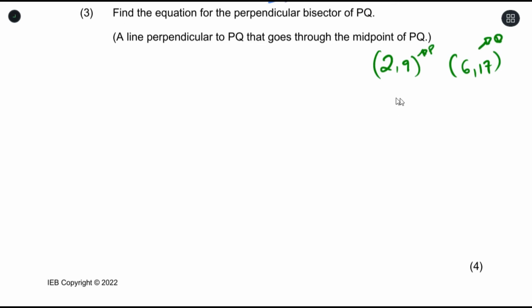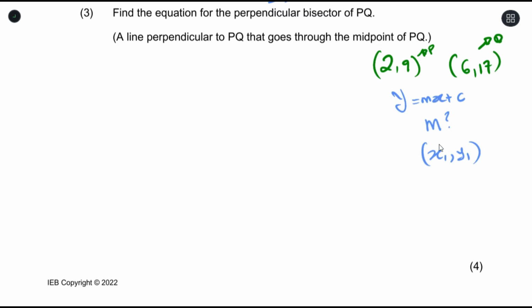So to answer this question, we want to find the equation of our perpendicular bisector, which is a straight line. Any straight line needs to look like this: y is equal to mx plus c. So to find this straight line, I need to get the gradient, and I also need a coordinate, a point. That point will help me find the equation of the line.